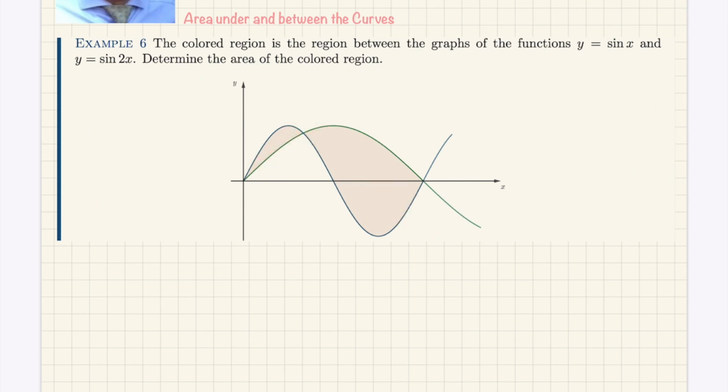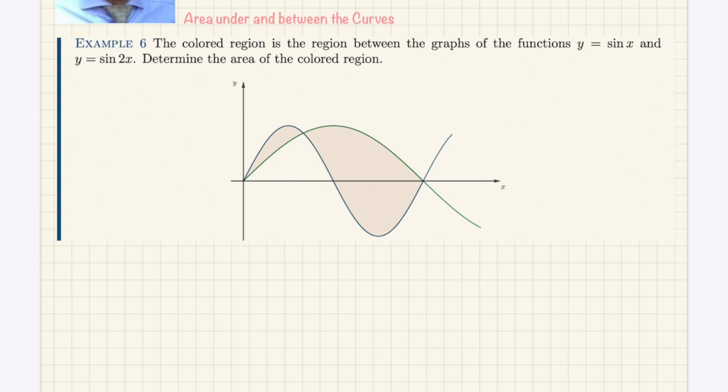First of all, tell me, is the green one for sine and the blue one for sine 2x, or the other way around? So in principle, which one is which? The blue one is sine 2x, right? The green one is sine 2x.